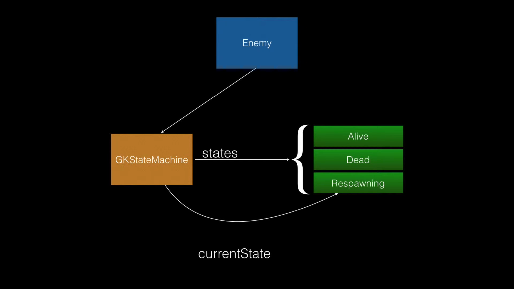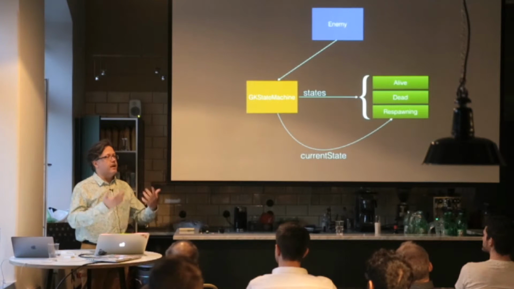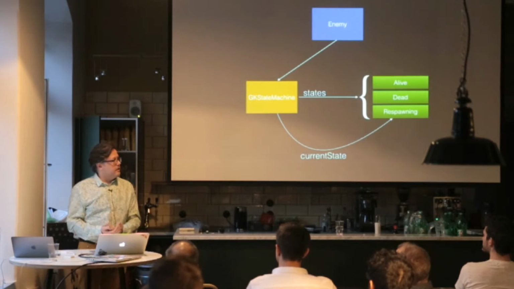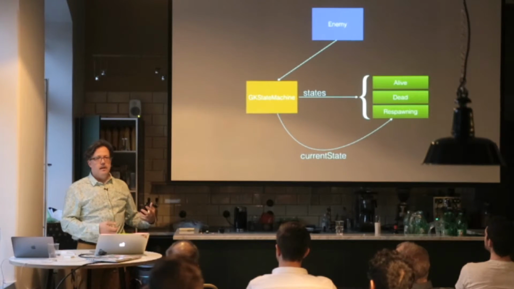Then whenever you have to make some decisions or do some functionality that depends on that state, you put that functionality in the specific state you want to deal with. So say we have a takeDamage function. An enemy could have a takeDamage function. What you could do is make all three of these state subclasses implement the same API.